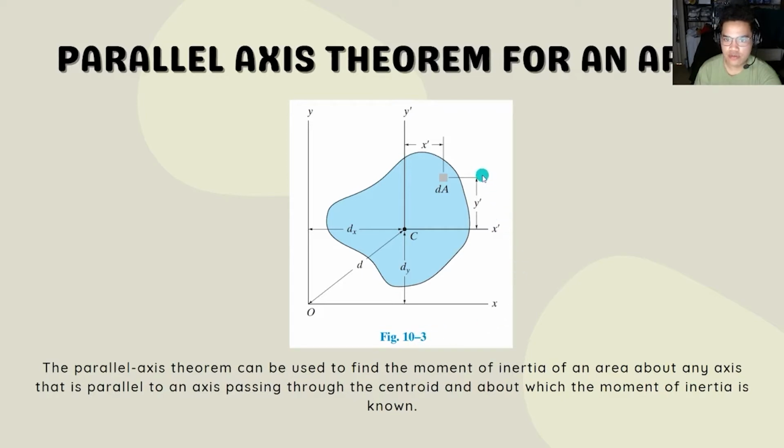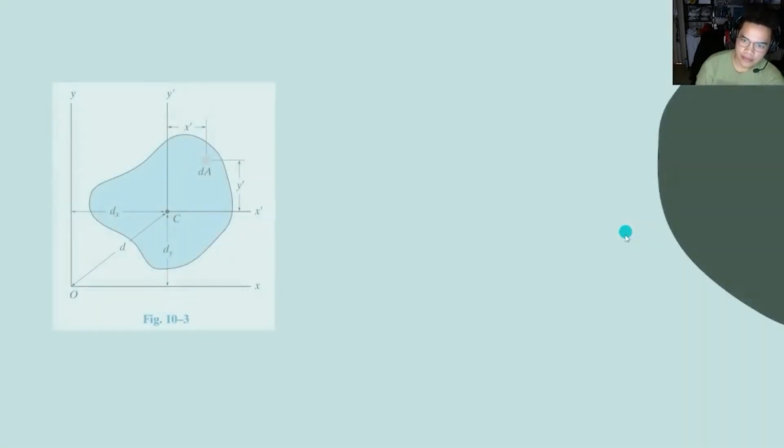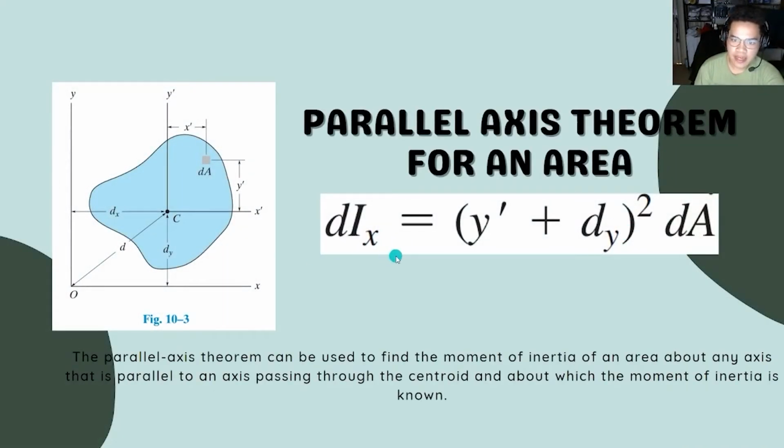To start, we first need to choose a differential element dA located at an arbitrary distance of y prime from the centroidal x-axis. If the distance between the parallel x and x prime axes is d sub y, then the moment of inertia of dA about the x-axis is therefore dI sub x equals (y prime plus d sub y) squared dA.